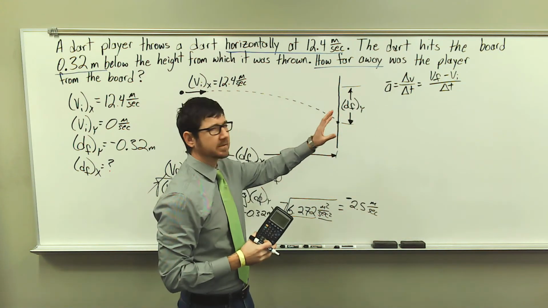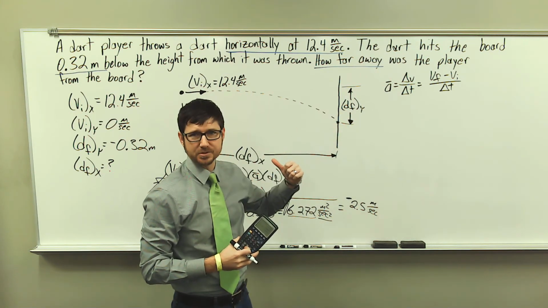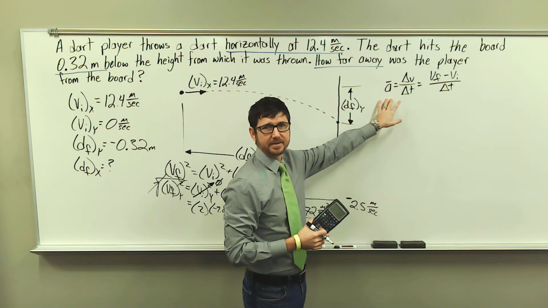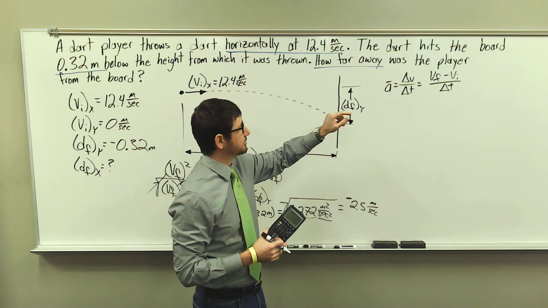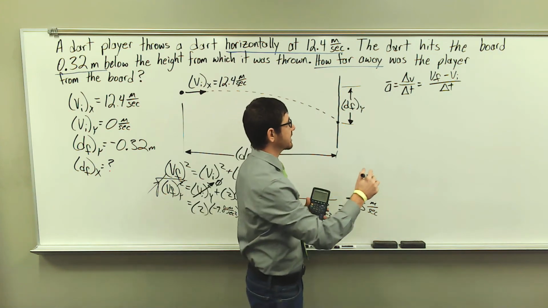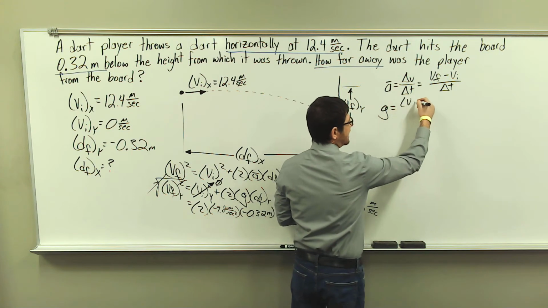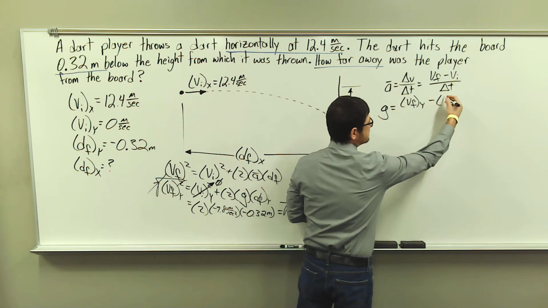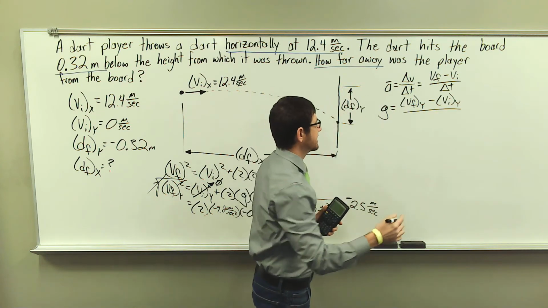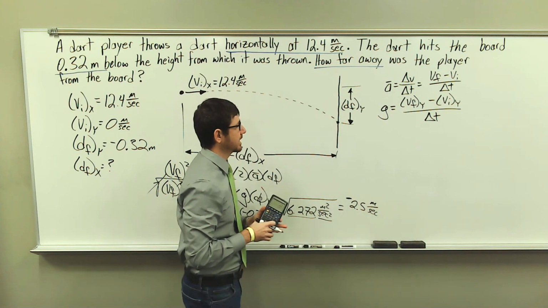Now I want to be a little bit more specific here and adapt this to my situation. The acceleration in the y direction that the dart is experiencing is the acceleration due to gravity, identified by lowercase g. Then we have final velocity in the y direction minus initial velocity in the y direction, and then divided by delta t, okay?